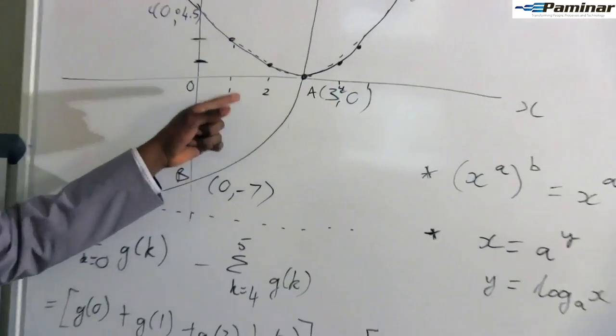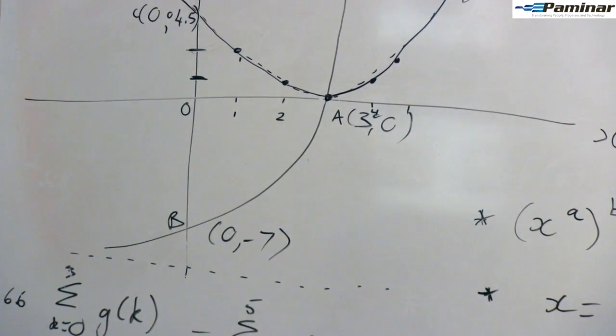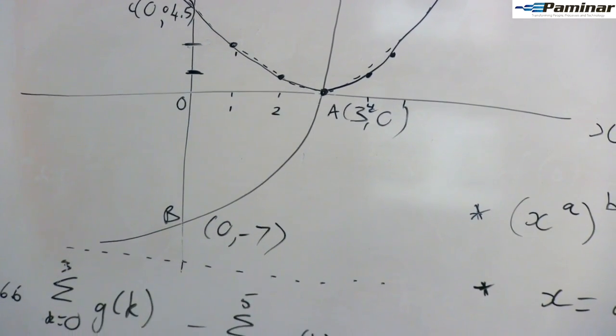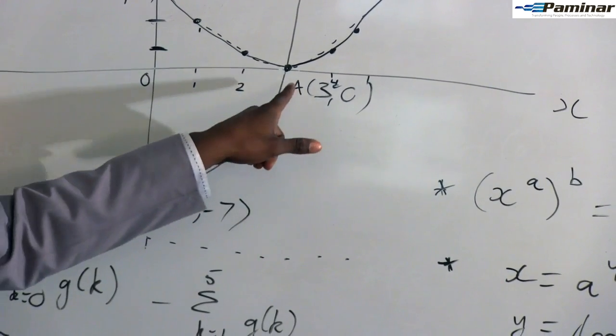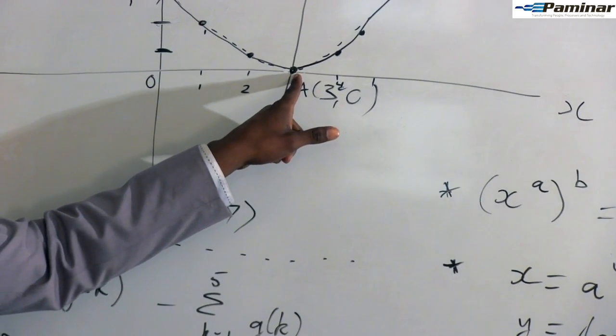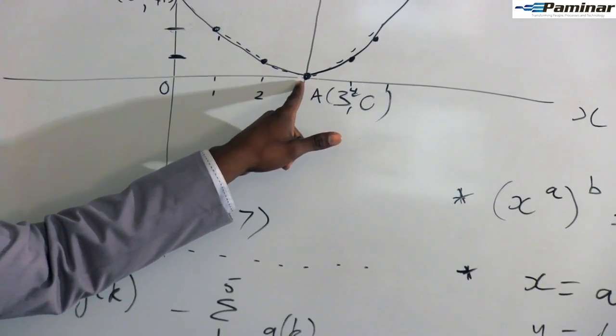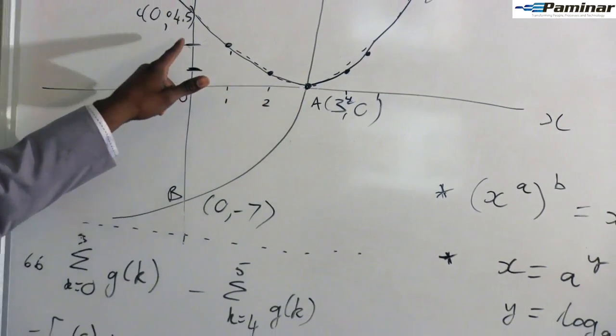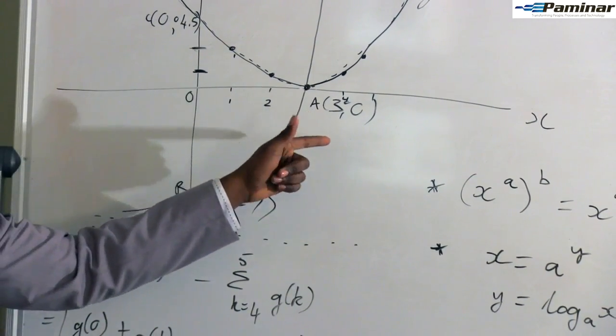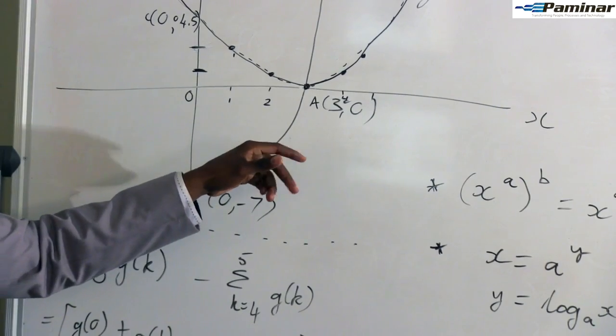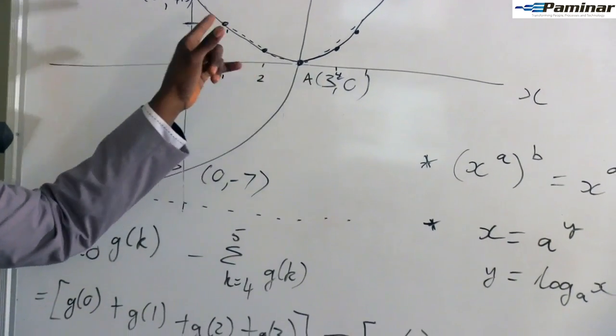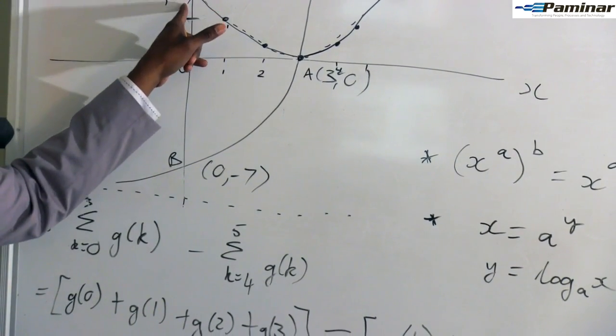So in other words, g of 0 is 4.5. And then we say there should be a plus g of 3. g of 3 is 0. You see that? So all in all, it becomes 4.5 plus 0.